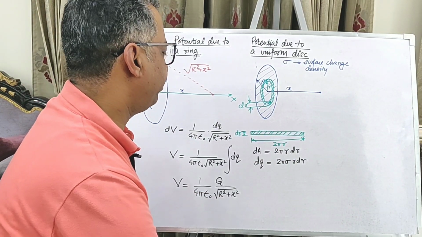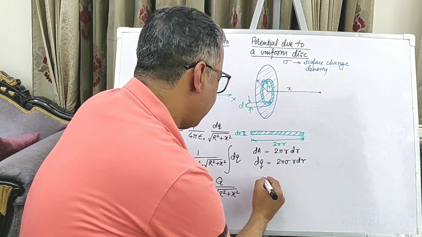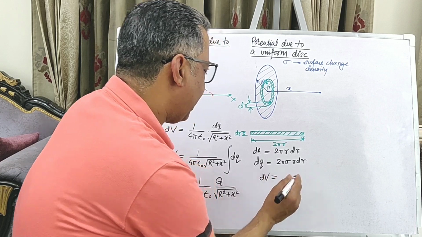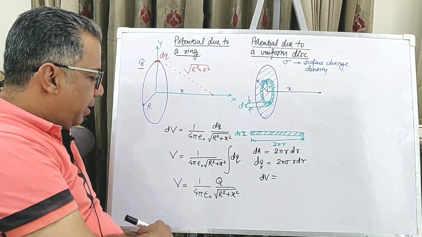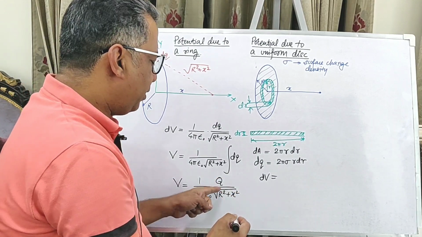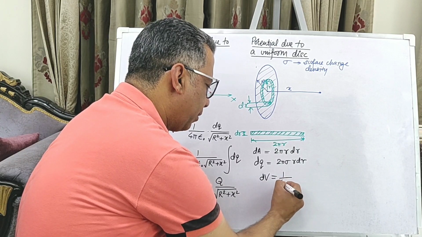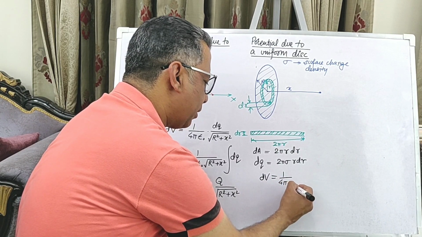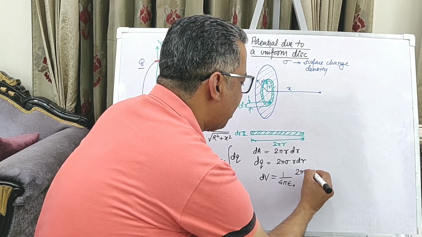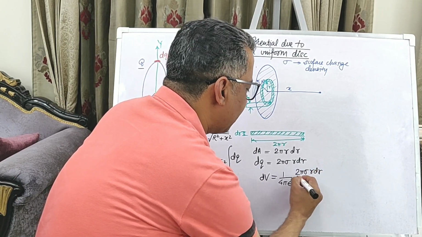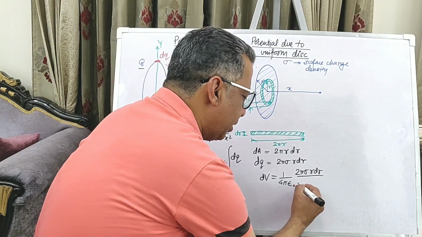Now because of this ring, the potential at this point, dV, can be calculated using this formula for the ring. In place of q, we'll of course be using dq. So we have 1 by 4 pi epsilon naught, 2 pi sigma r dr divided by, we had R square plus x square here.